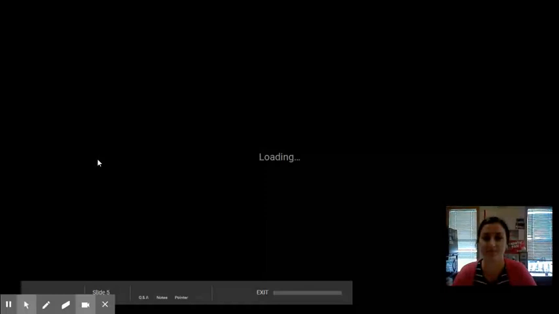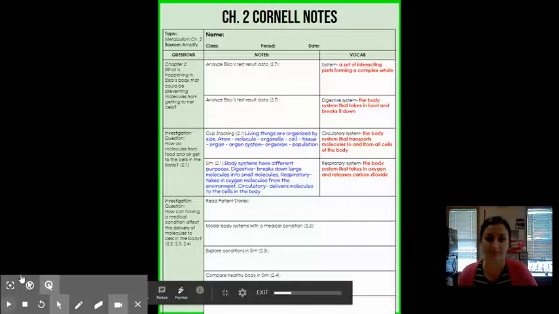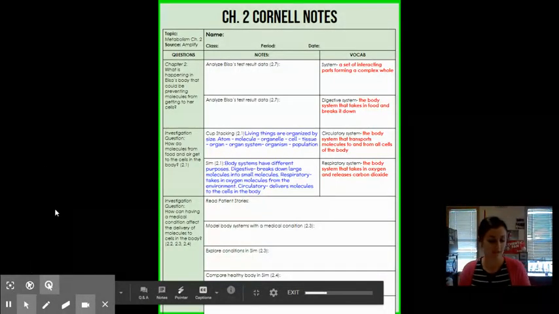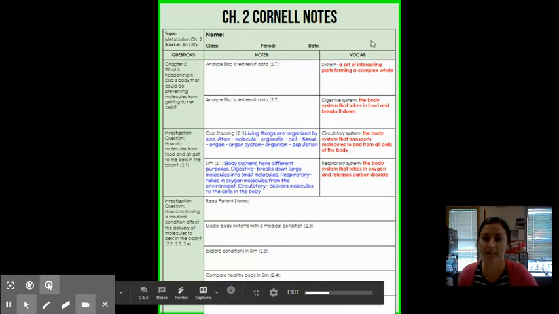All right, they are loading, but they are going to pop up here shortly. So here are the vocab words that I added.